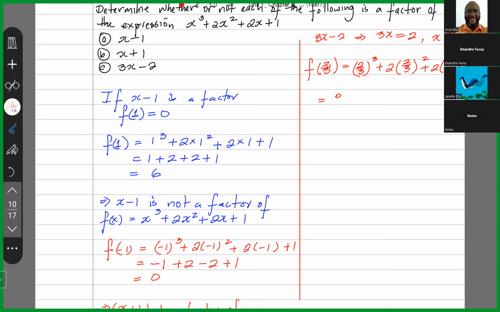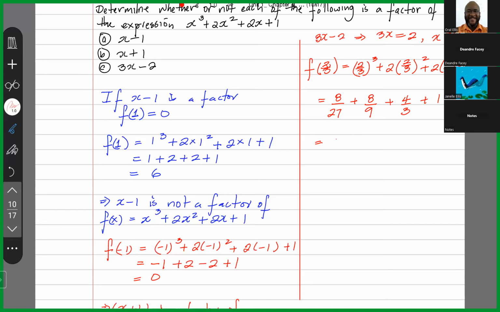This is 8 over 27 plus 8 over 9 plus 4 over 3. Well, everything is positive here, plus 1. It's obvious that this is not going to come out to be equal to 0.